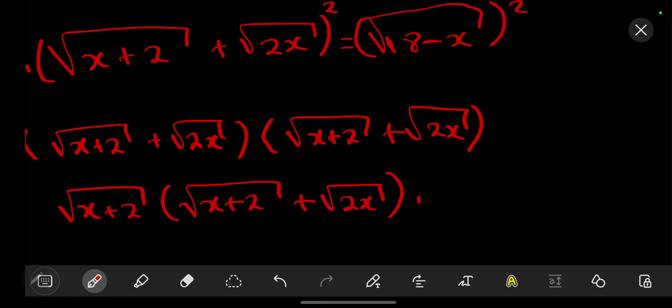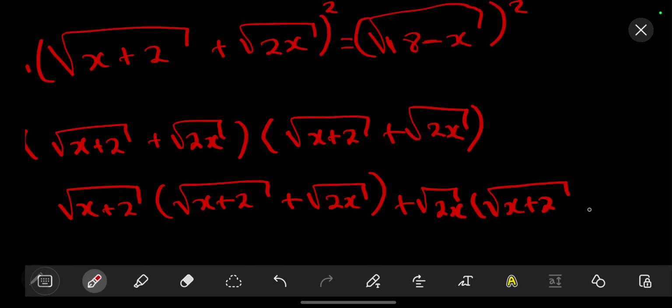So we are going to have plus the square root of 2x. Then we multiply everything. It will be the square root of x plus 2, plus the square root of 2x.